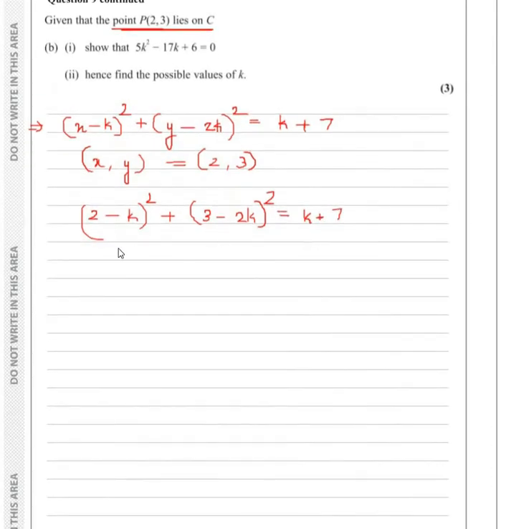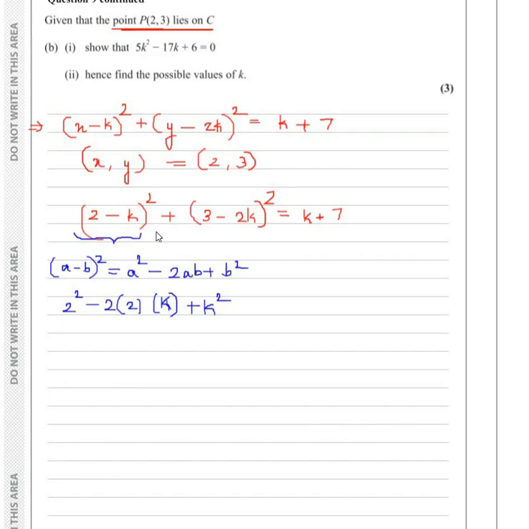Now to expand this bracket, this is of the form (a minus b) the whole squared. I am going to use this identity which expands as a squared minus 2ab plus b squared. I am going to write it as 2 squared minus 2 times 2 times k plus k squared. This is the expansion of the first bracket.